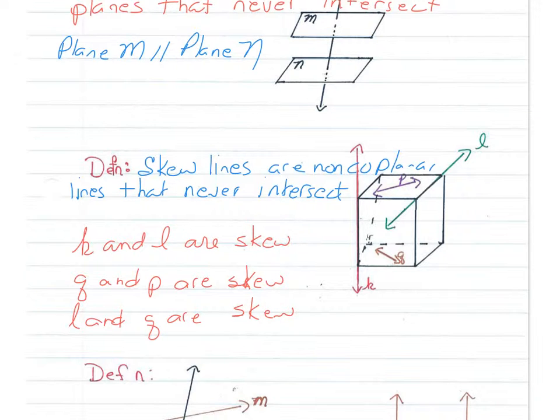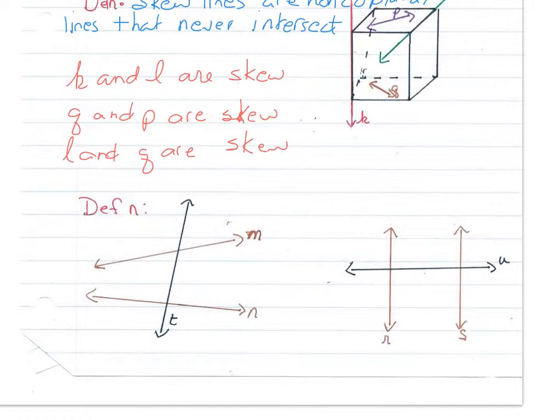Now the next definition is one that we have not seen before, and that is the definition of a transversal.